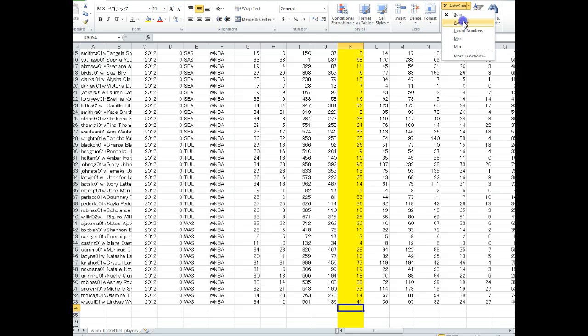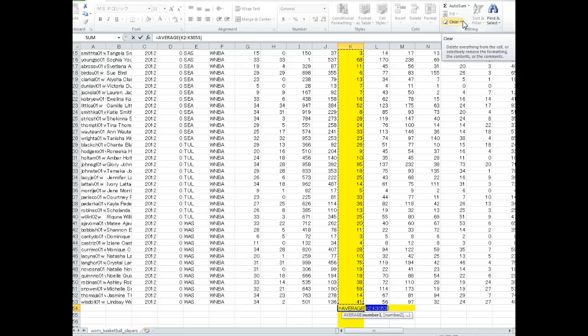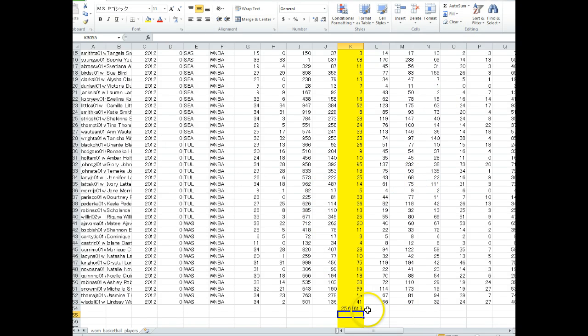Just click average, and then hit enter. And it's kind of slow. There. So the average rebound is 25.